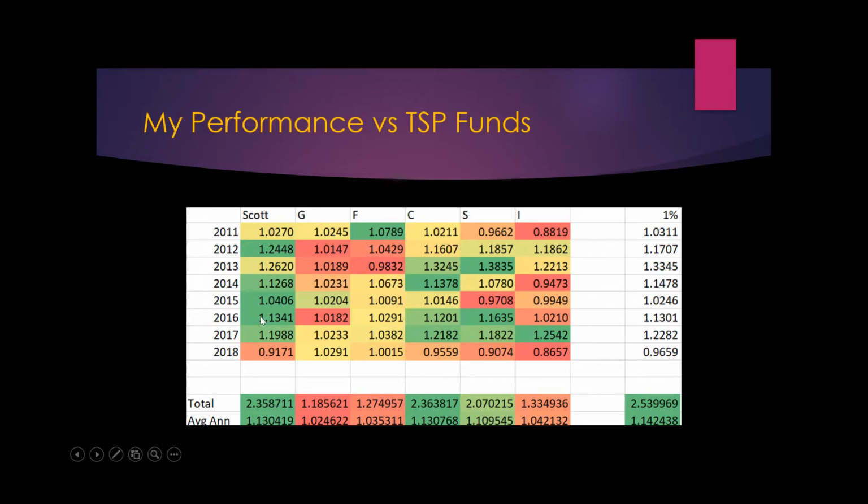Now these are in decimal format because you can't actually compute compounded returns by percentage. You have to use it in decimal format like that, like you see here. So just to help you understand this a little bit better, 2011 I had a plus 2.70% return. The best fund was actually the F fund that had a 7.89% return that particular year. 2012, I had a 24.48% return.